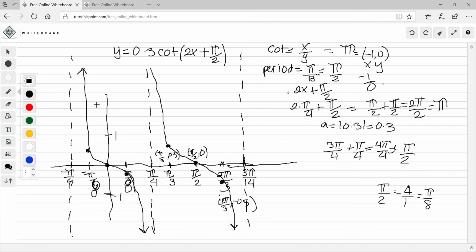This point right here is pi eighth, negative 0.3. This is 0, 0, obviously, and this is negative pi eighth, positive 0.3.